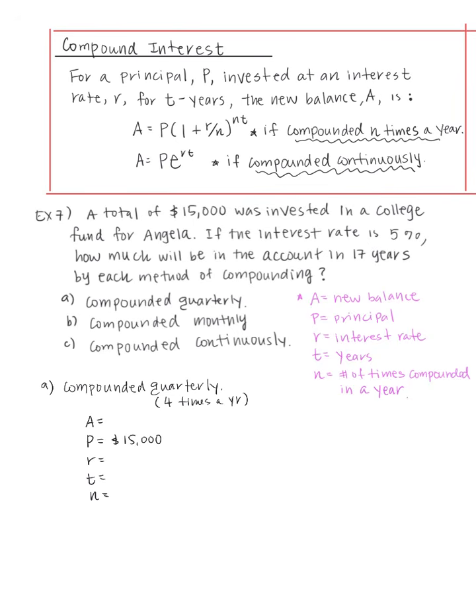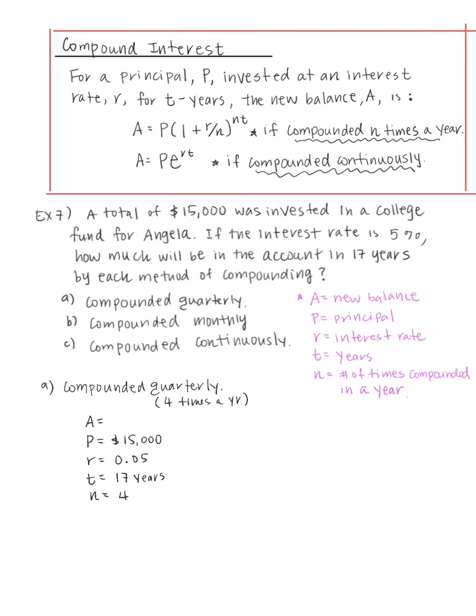Now what about the interest rate? That's 5%, so in decimal, you gotta go 0.05. Now, how many years are we talking about? In this problem, it's 17 years. So I'm just gonna write 17 years. And N is the number of times compounded in a year, so in this case, it's 4.